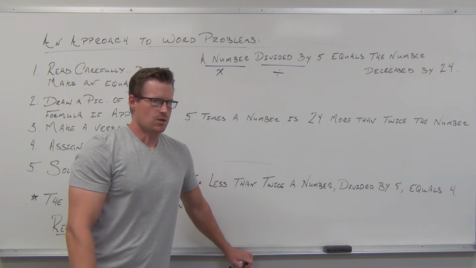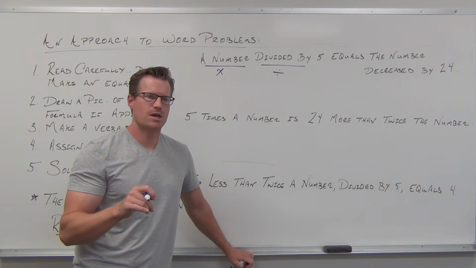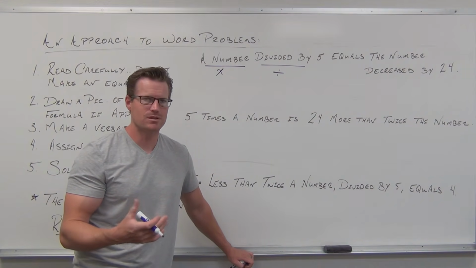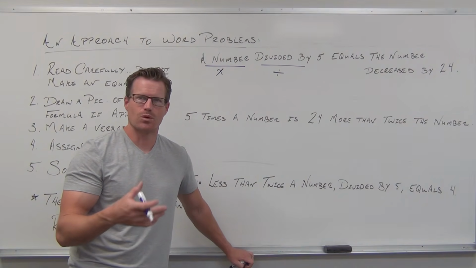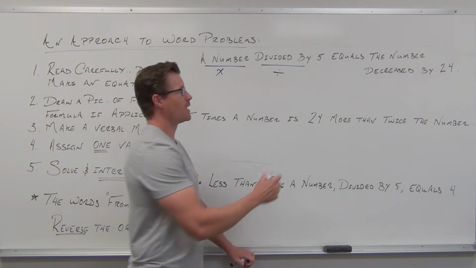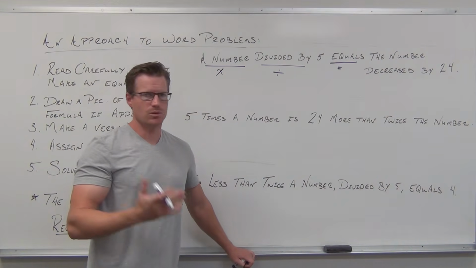The key one here, the word that means equals, is crucial for you to find. A lot of times it's words like equals, is, was, represents, represented by. A lot of those different words are word clues that tell you what's going on in the problem. Here for us, we have just equals.